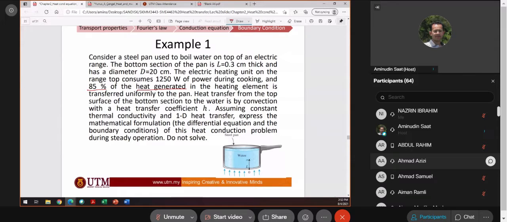Heat transfer from the top surface of the bottom section to the water is by convection. So basically the section you are interested in is the bottom section.